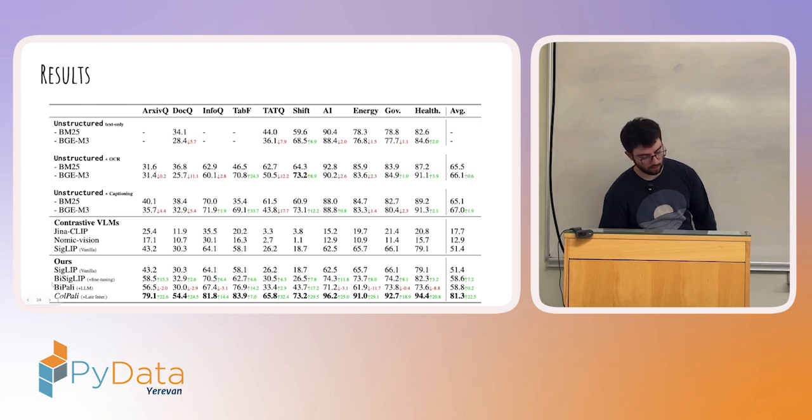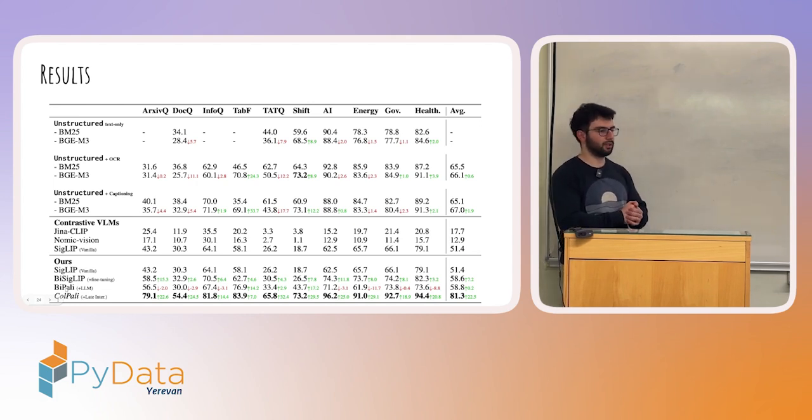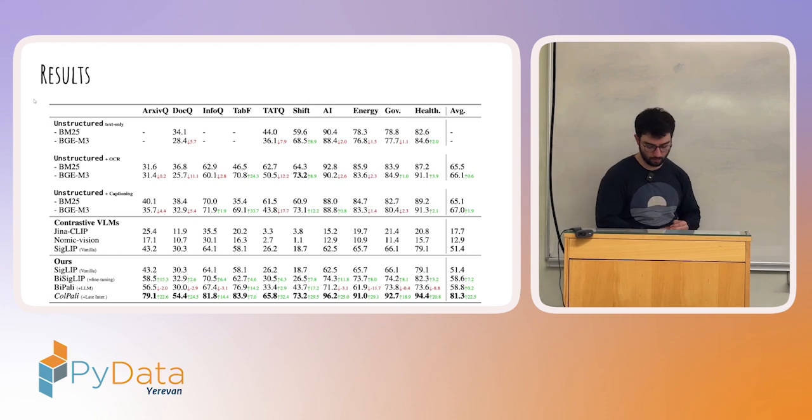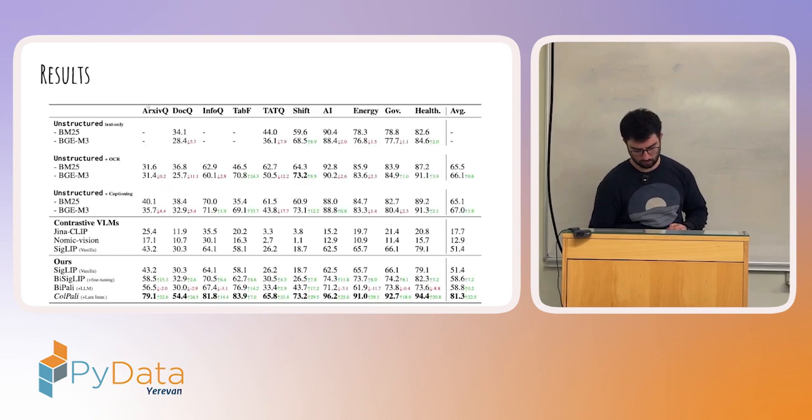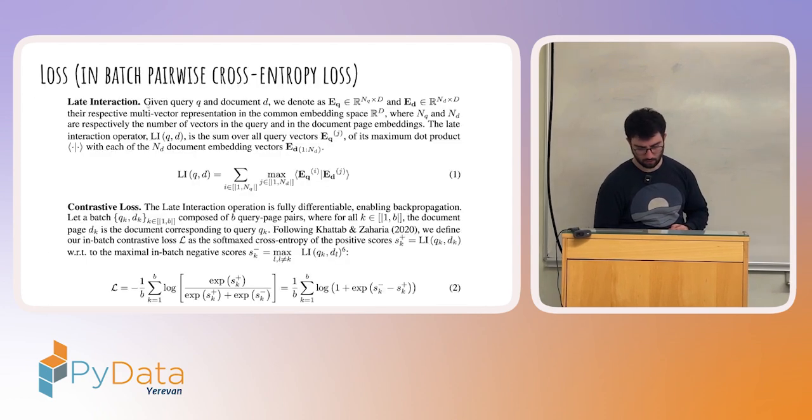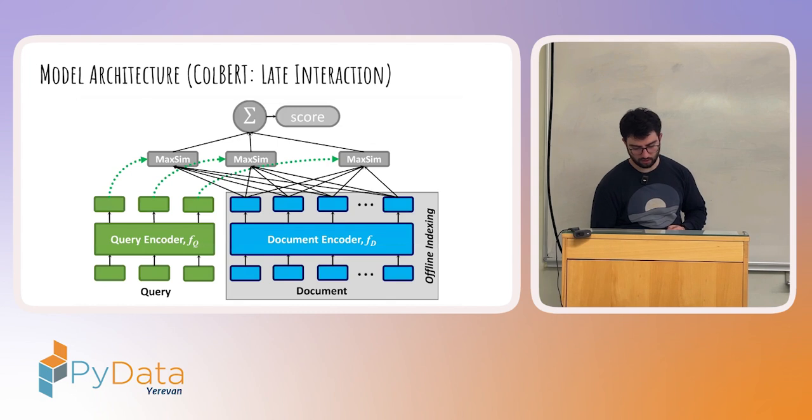Also, here's the interesting part: you can see that there are some models called BiPali. This is the standard method instead of ColPali. You remember for ColPali we have the max similarity score with late interaction.